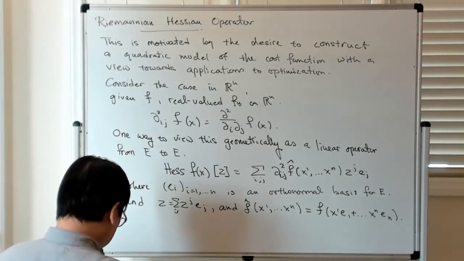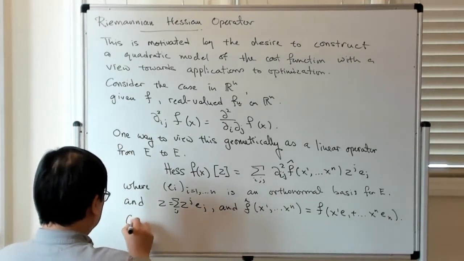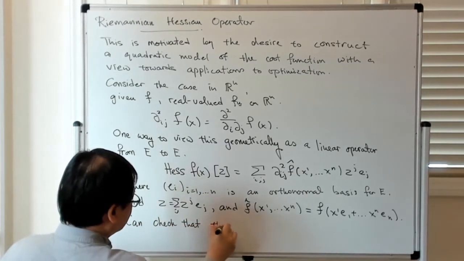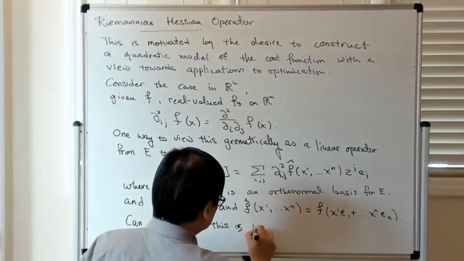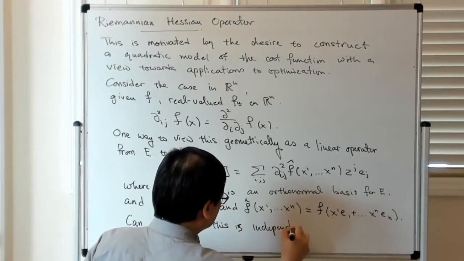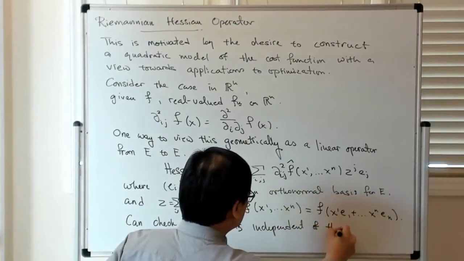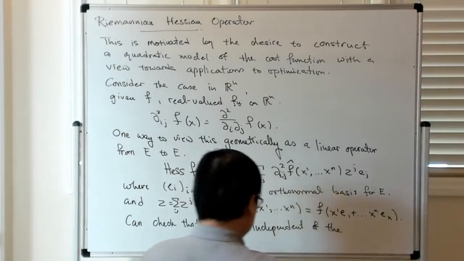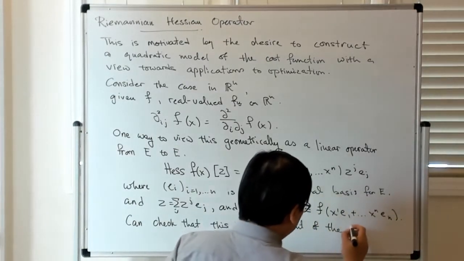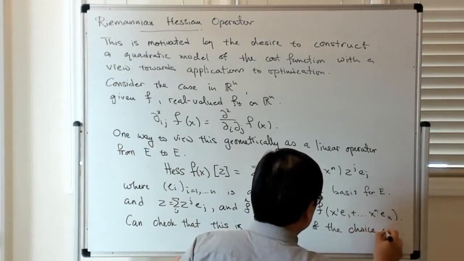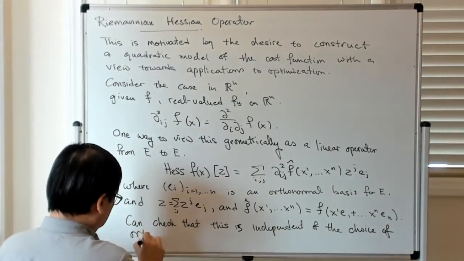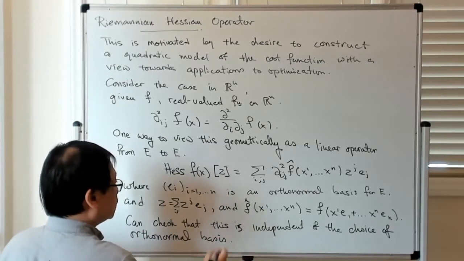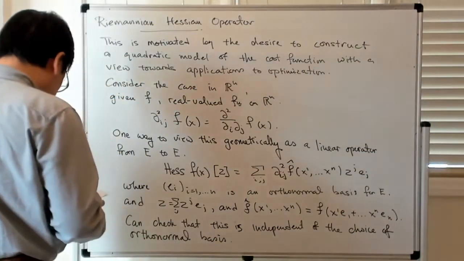And you can check that this operator, Hessian f acting on another vector, is independent of the choice of orthonormal basis.